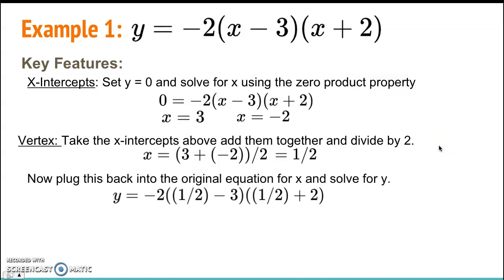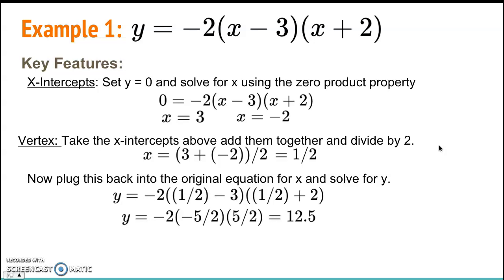So we have y equals negative 2 times, and I would simplify the parentheses first. 1/2 minus 3 is negative 2.5, or negative 5 halves, and 1/2 plus 2 is 2.5, or positive 5 halves. When we multiply this all together, we get positive 12.5, or if you left it in fraction form, 25 halves.